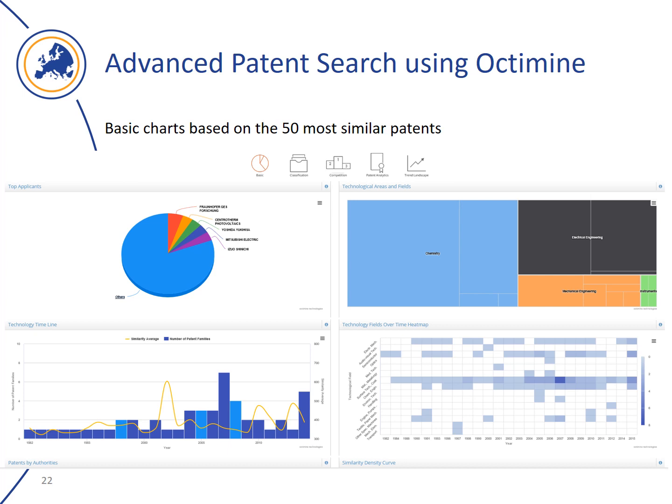feature competition, where you get graphs about competition, but also cooperation between different patent applicants. And then you can have a more detailed patent analytics and also a trend of the landscape.